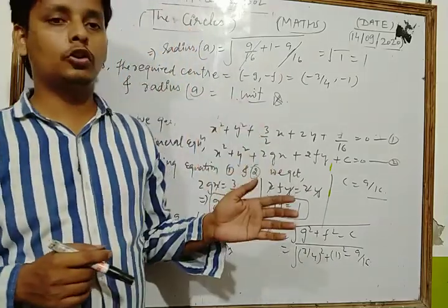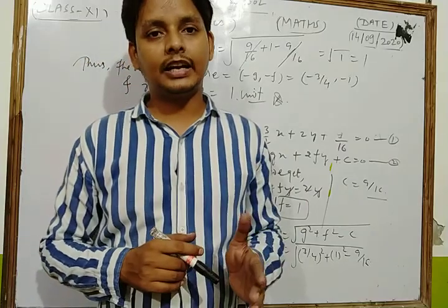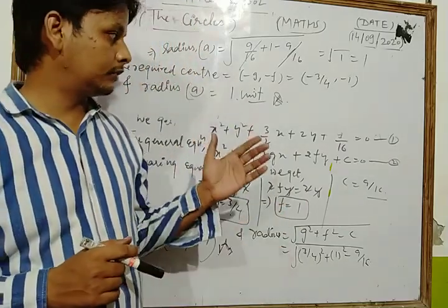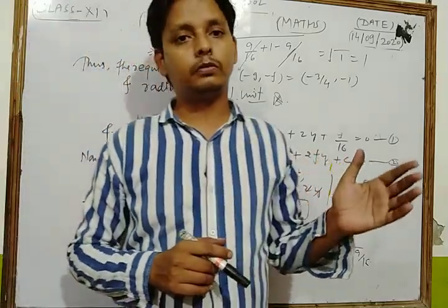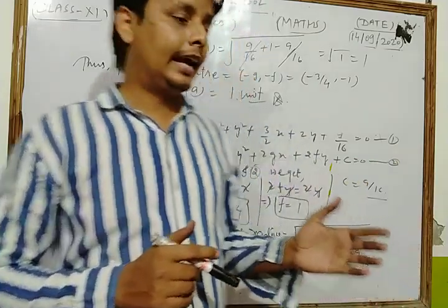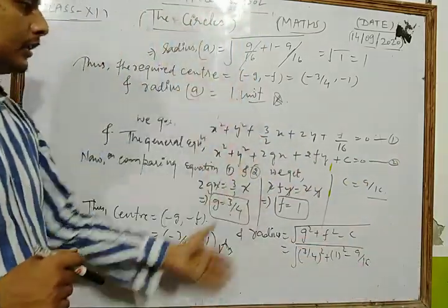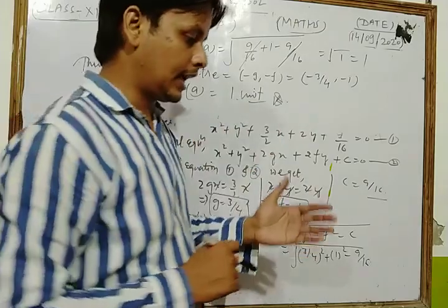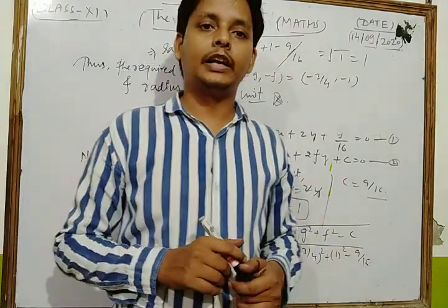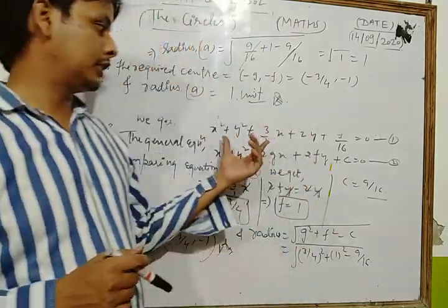This is one of the most important topics. After that we solved questions based on that topic. This is the method to find the center and the radius of any circle when that type of equation is given.